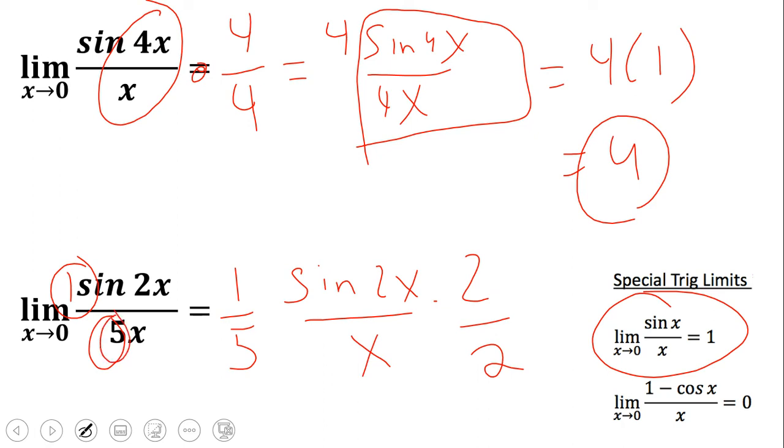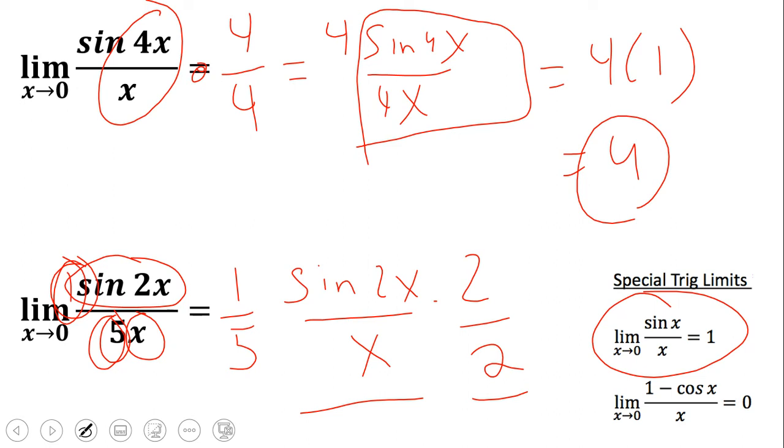So again, the 5 in the denominator, there's really a 1 up top, so that's 1/5. Then I'm going to take my sine of 2x, and I'm going to take the x from the bottom. That gives me this quantity here. And then I'm going to multiply by 2 over 2. Again, 2 over 2 is really a quantity of 1, so that's why I'm allowed to do it.